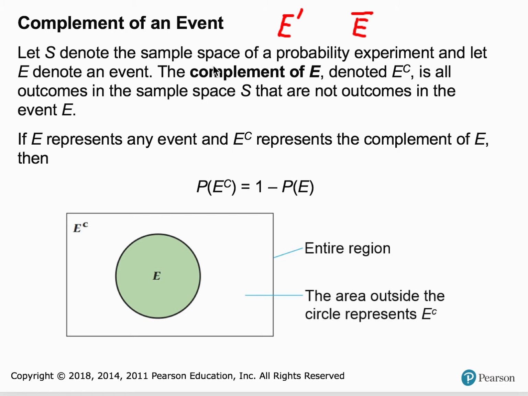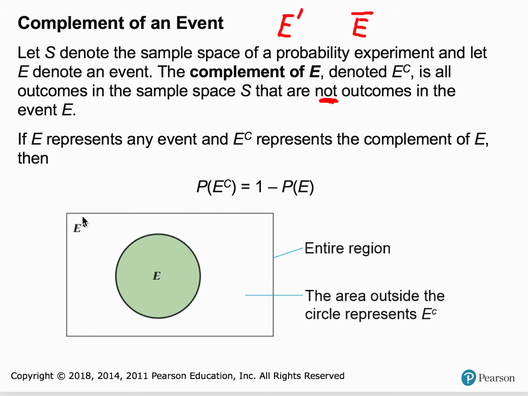Okay, then the complement of E is going to be the outcomes in the sample space that are not in E. So another way we can read this, instead of the complement of E, we can just say not E. In other words, again with the Venn diagram, here's your event, anything in here. What's not inside the circle is the complement of that event.